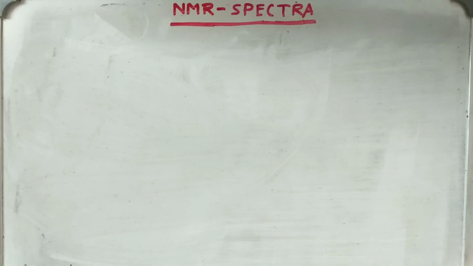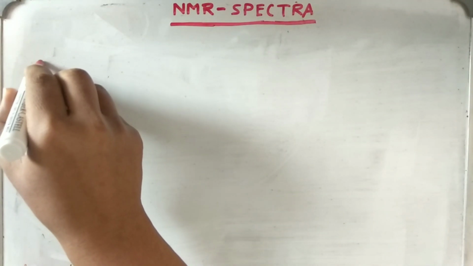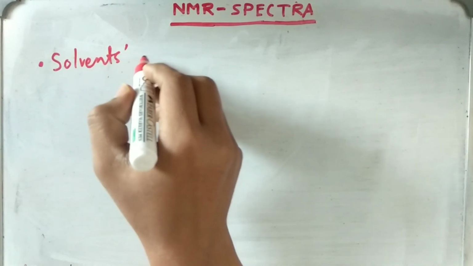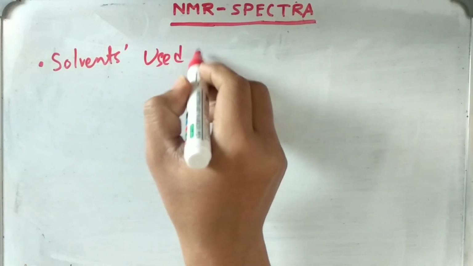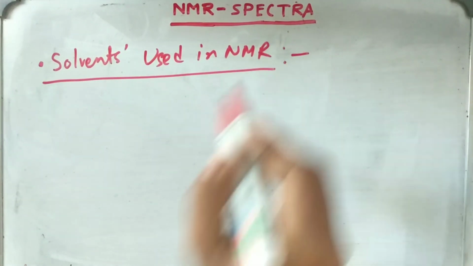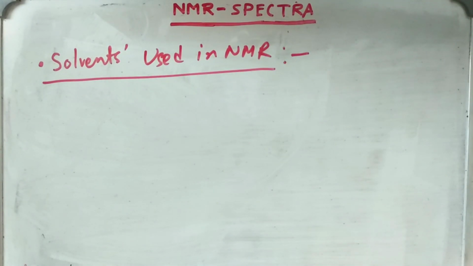So now coming to another important point, that is, what are the solvents used in NMR spectroscopy. You cannot take a solid sample to do NMR spectroscopy, so you just have to liquefy it. You have to take a reference sample, and that reference solvent will in most cases be used in the NMR spectroscopy.